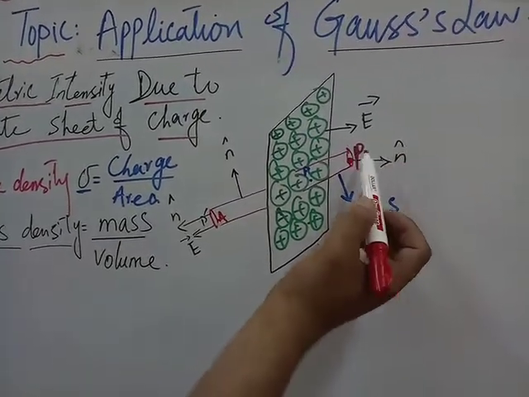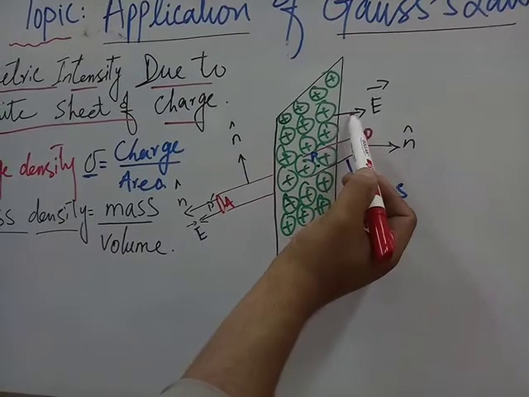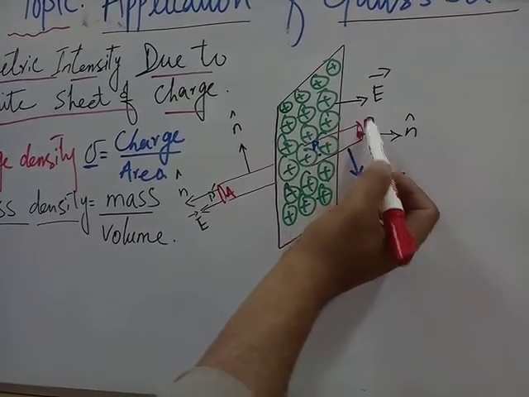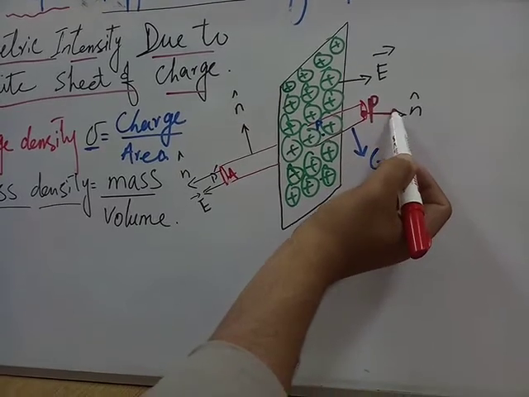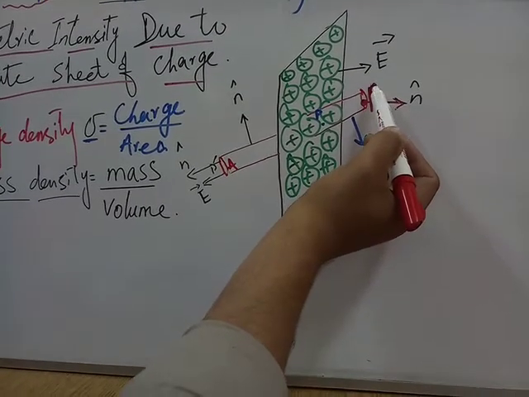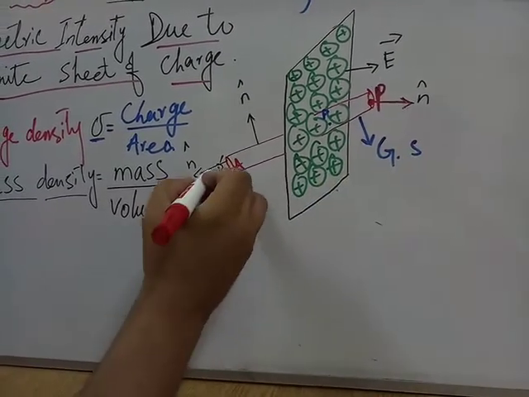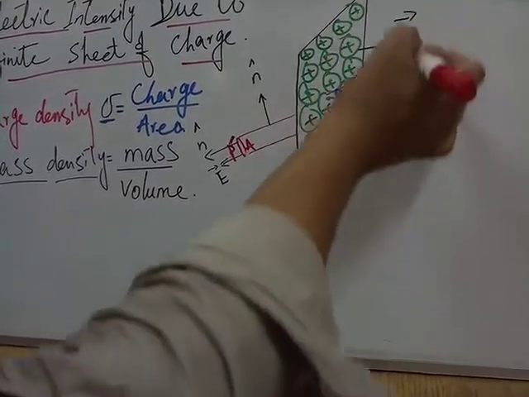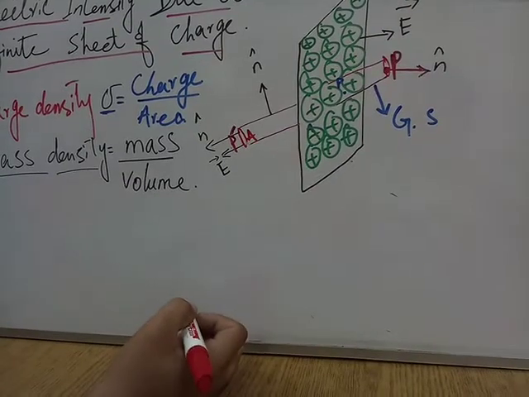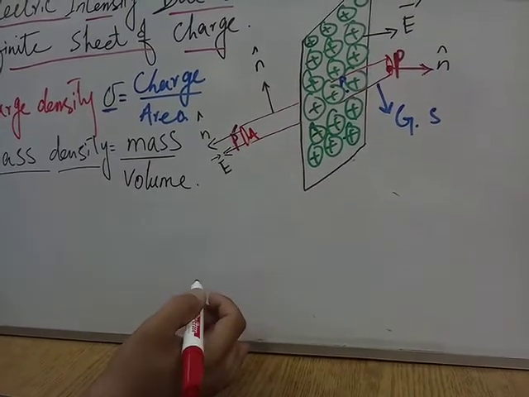So we can say that the electric field on the two surfaces, face P and face P dash, these are parallel. Electric field lines are parallel to each other.